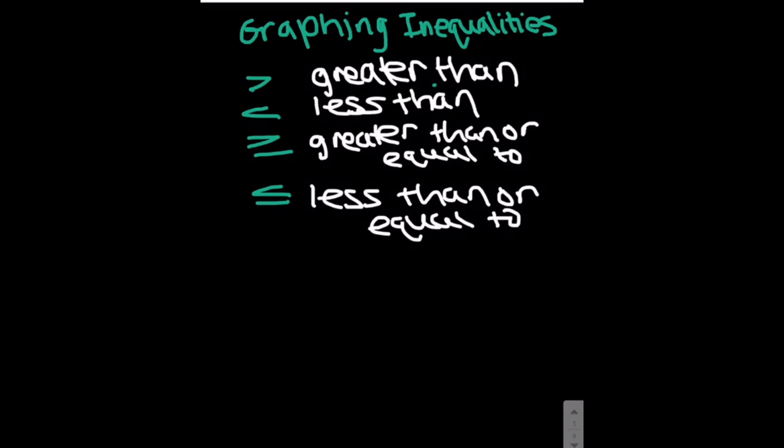Before, you're most familiar with just greater than and less than, and with that line to it, it could also be equal. So when we're graphing the inequality, there are a couple things that we must be aware of.